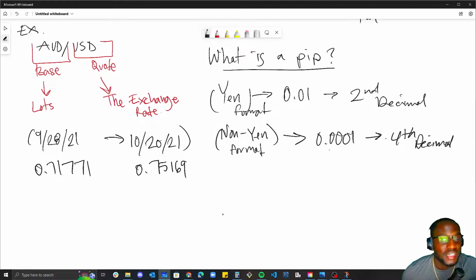I mean the change between these two exchange rates.